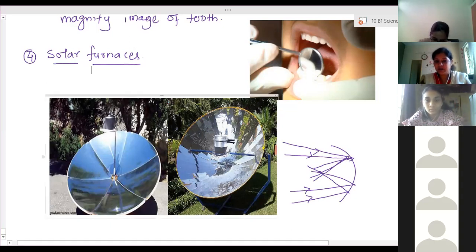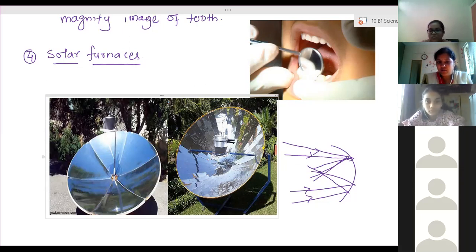Just like one purpose here, a cooker is placed, to heat. As a solar cooker we can cook the food, boil the food. Due to the concave shape, all the rays falling on it are made to converge exactly at a very small part of the mirror, that is the focus.